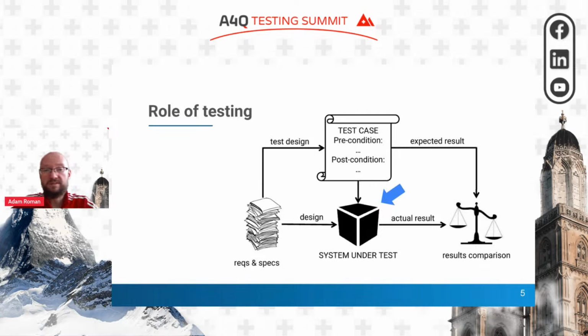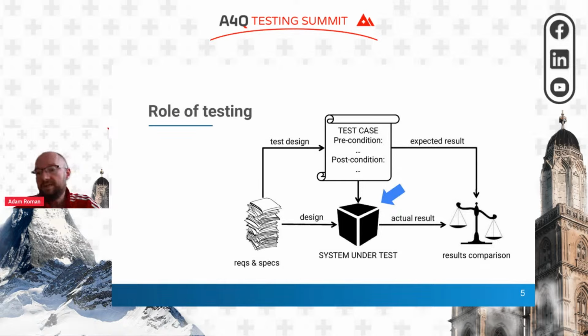We use this test case to test the software and then compare expected and actual results and see if the test fails or passes. So the focus here is on this black box, on the software or system under test. And we assume that the test case is just fine, it's correct, with no errors, which may not actually be the case. And it may be problematic, right?